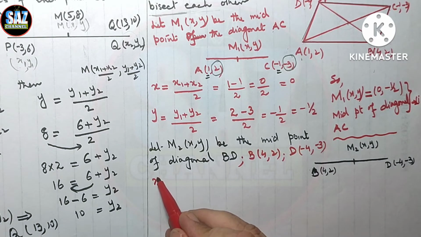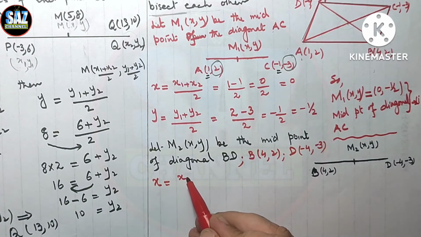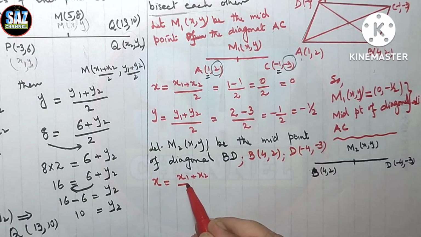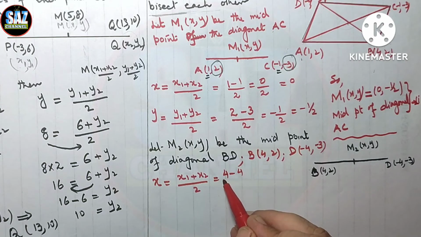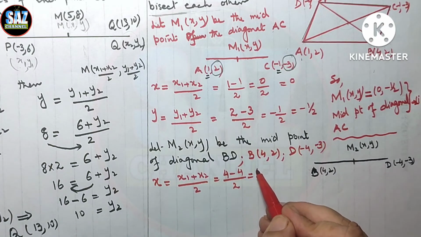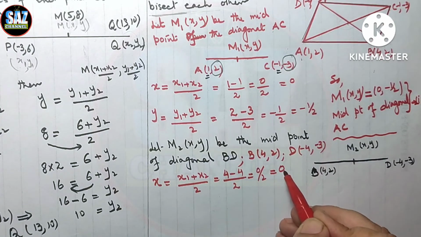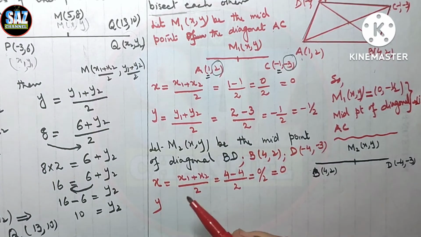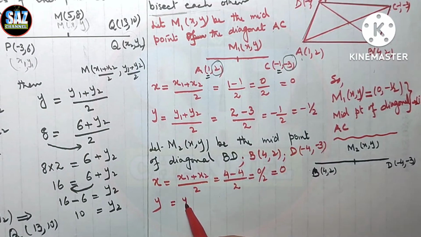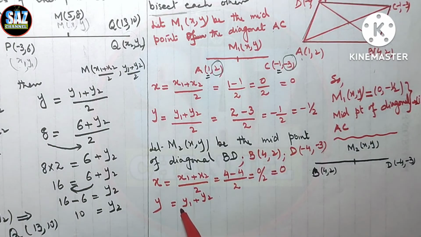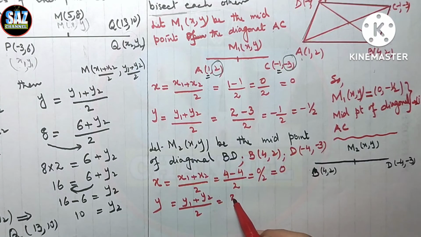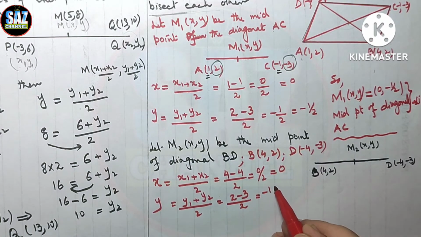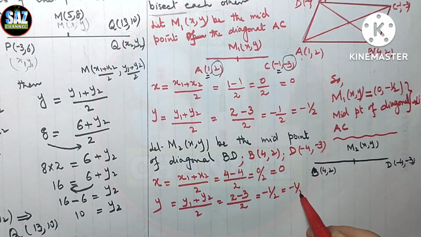The formula will remain the same: x equals (x1 plus x2) over 2. x1 is 4 minus 4 by 2, this is 0 by 2, which is equal to 0, and y equals (y1 plus y2) over 2, that is 2 minus 3 by 2, which gives minus 1 by 2.